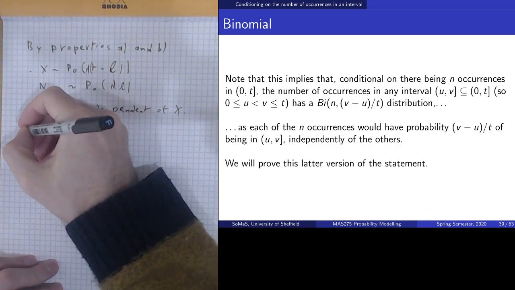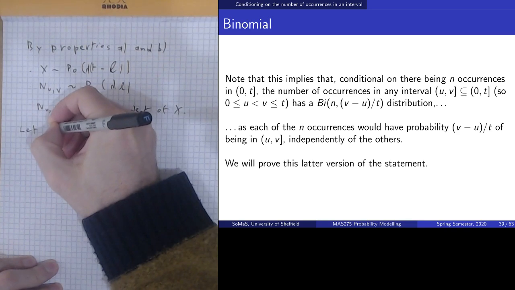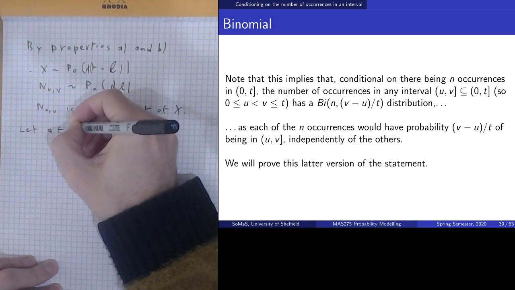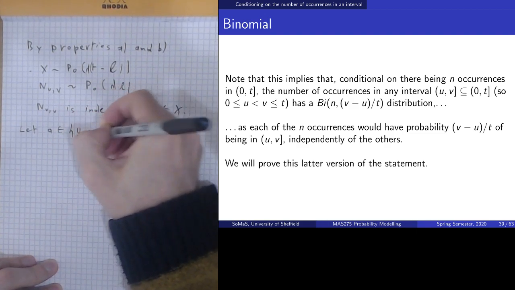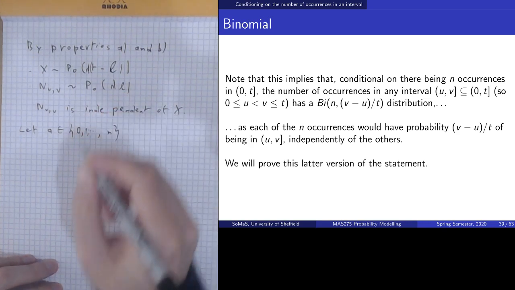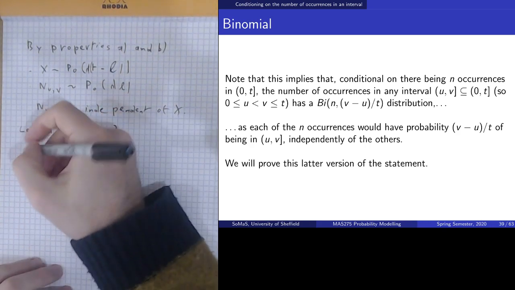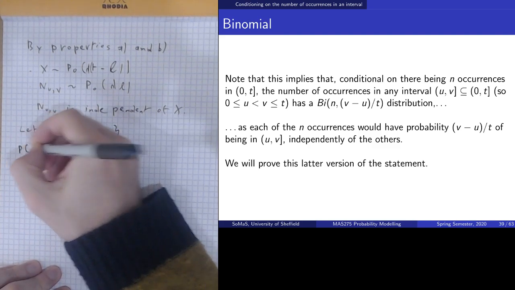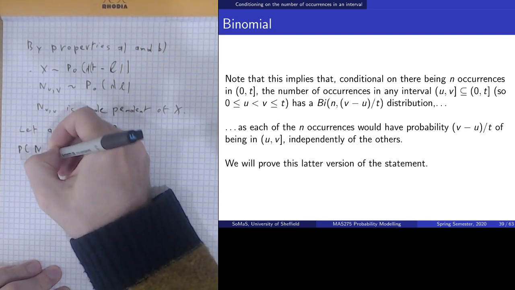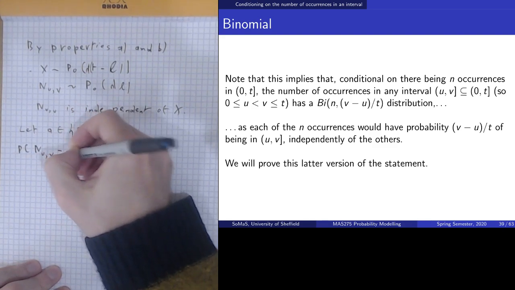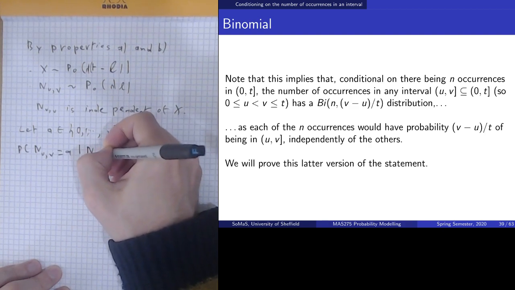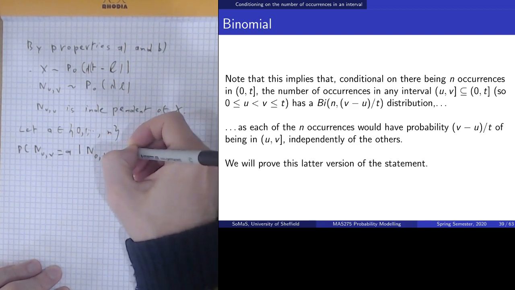And this is all the information we need now. So I'm going to let a be an integer between 0 and n. So let's say a is 0, 1, ..., n. And what is the probability that N_{uv} equals a conditionally on N_{0t} equals n?